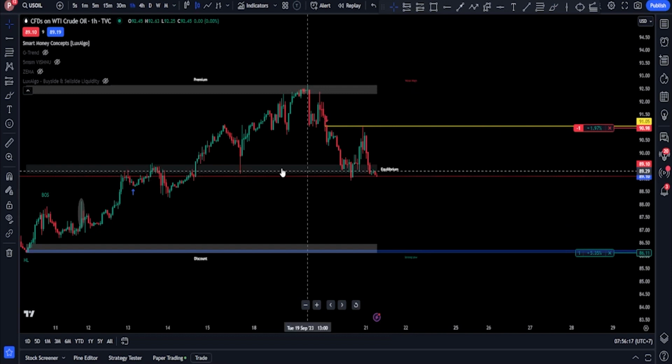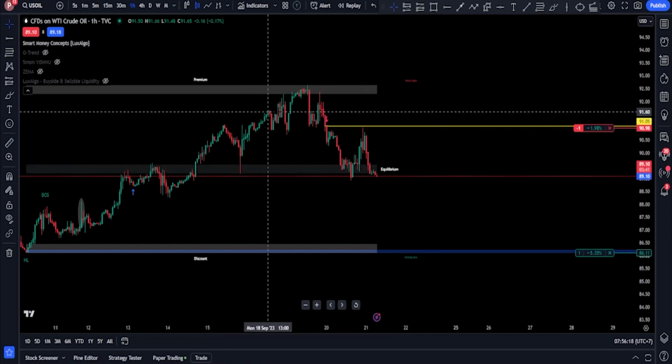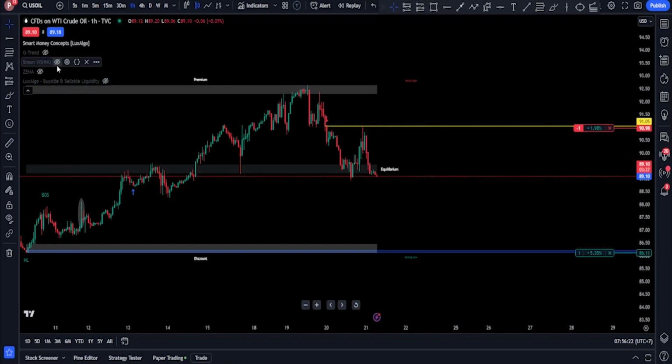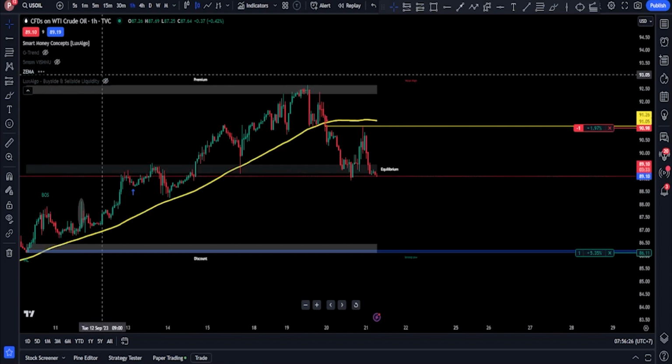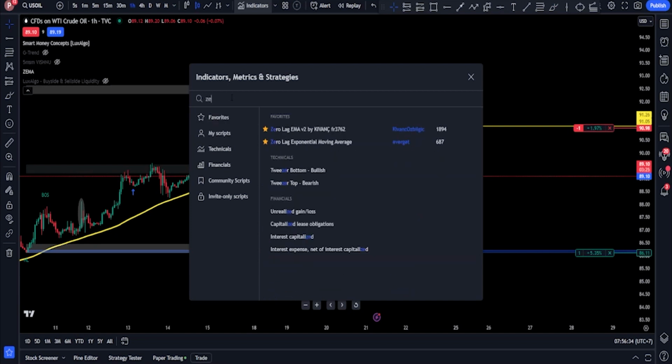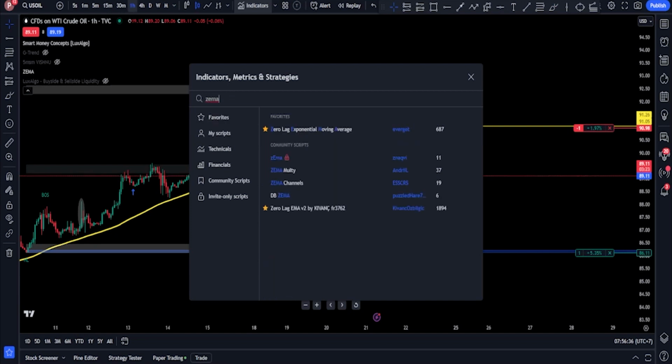So what we want to do is, after we've identified where price is in relation to our zone, we want to add another indicator, which is called the zero lag exponential moving average. Again, you just go over here, type in the indicator search, and you type in ZEMA, and it should tell you that's the zero lag exponential moving average.